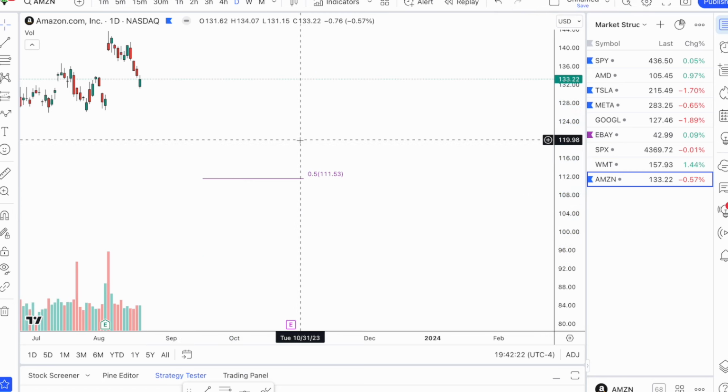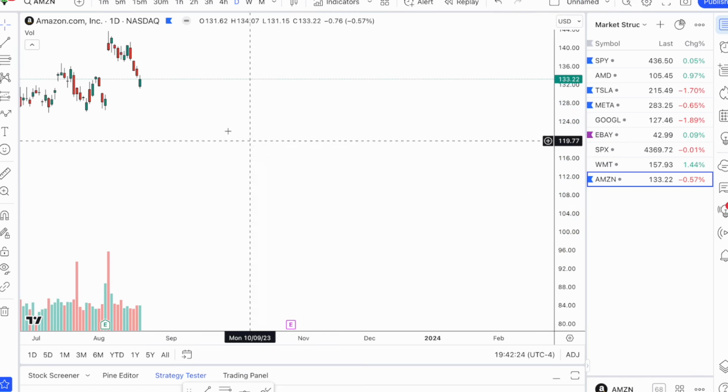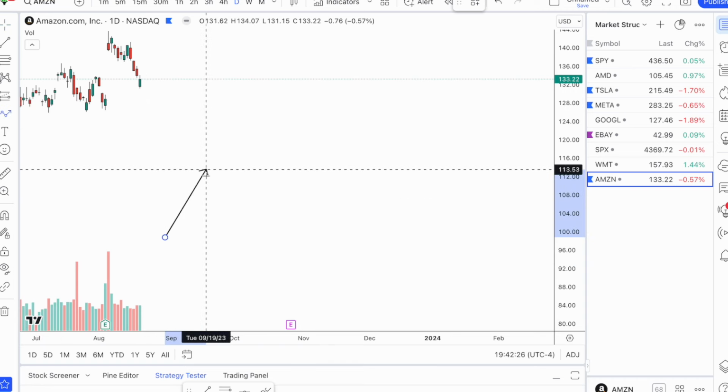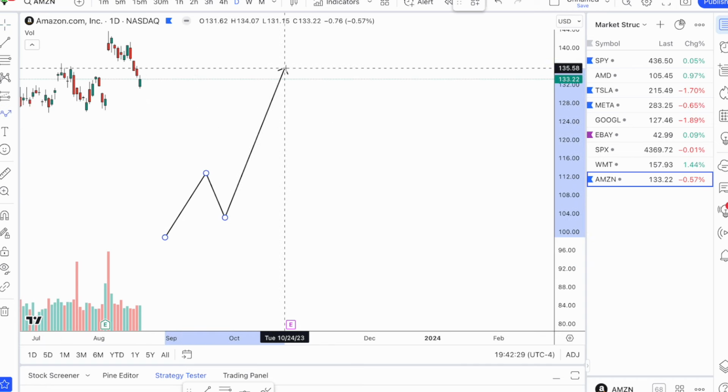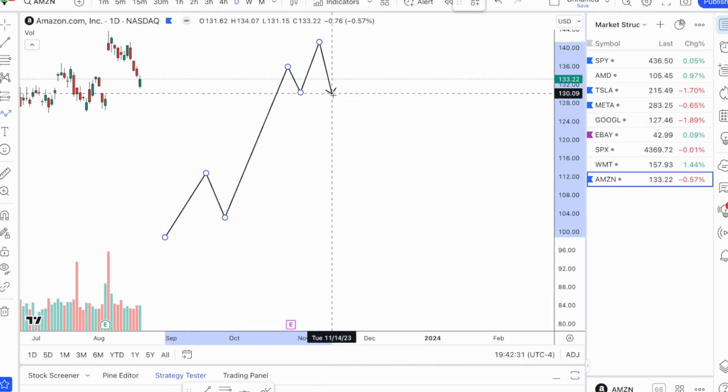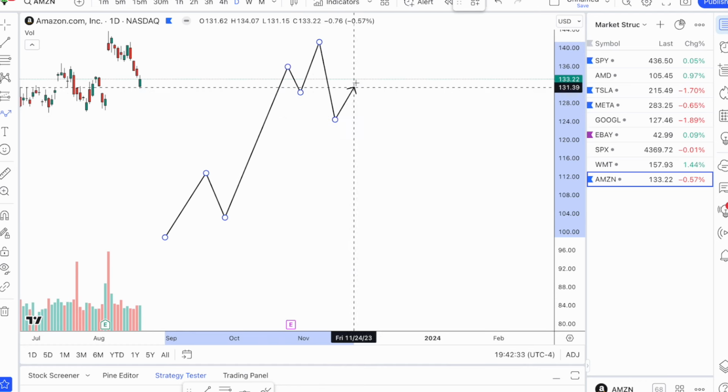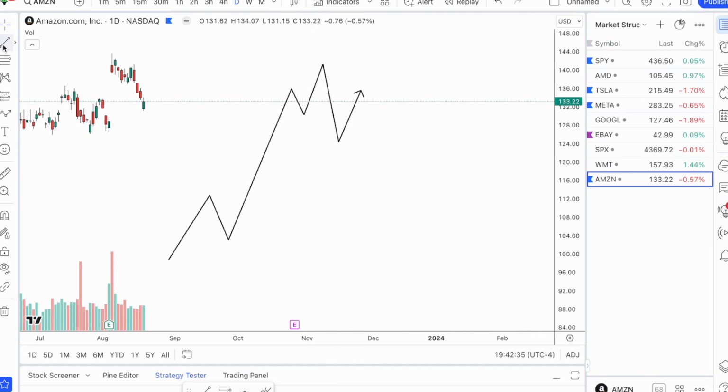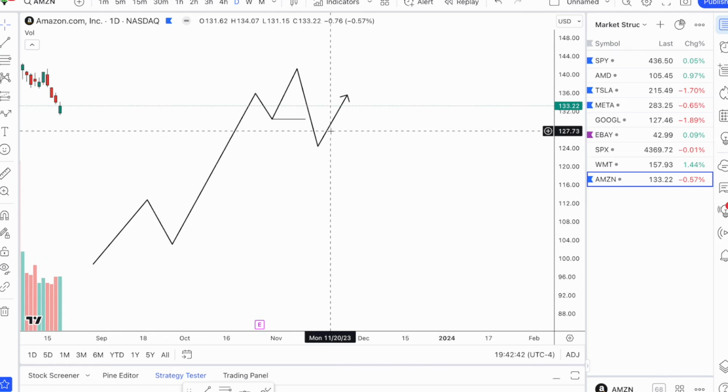So what is the fake? What does that mean? How does this work? Well, a lot of times we'll get something like this. We'll get a deep pullback, a small pullback, and the price will end up breaking that low, and then we go back up. Price breaks this low here, and everyone at this moment, when price is down here, starts screaming, oh my God, we're in a downtrend.